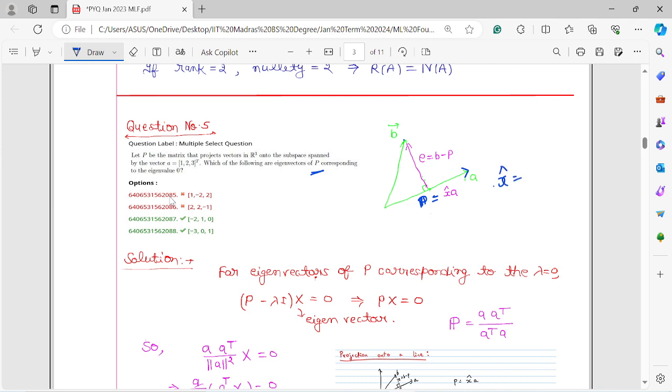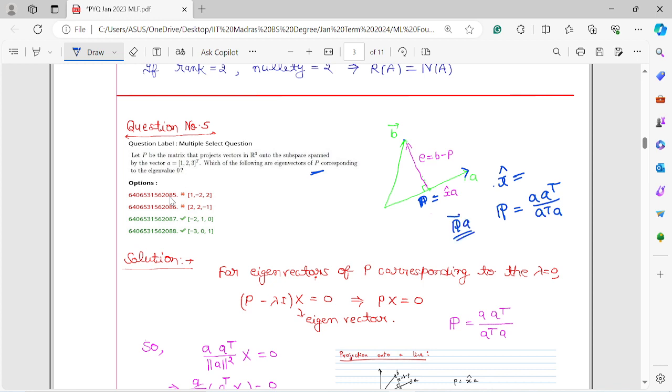That transformation matrix is called the projection matrix. And the formula for the projection matrix is A times A transpose upon A transpose A. If we have to project this vector onto this subspace, we have to multiply by A, so the projection is P times A.